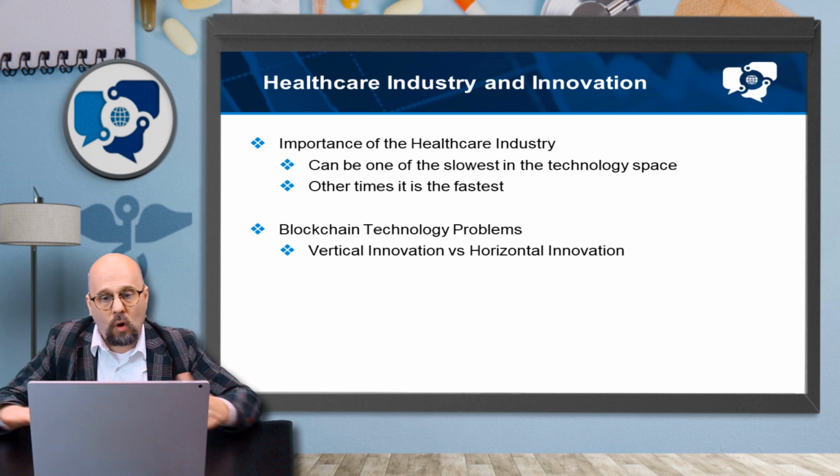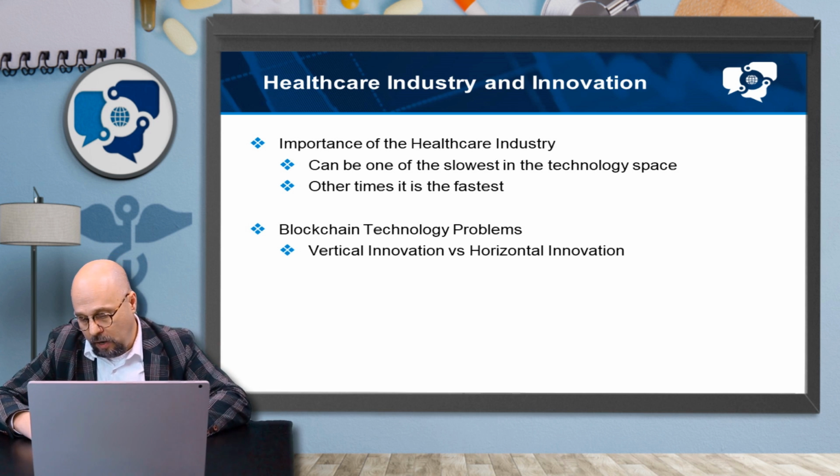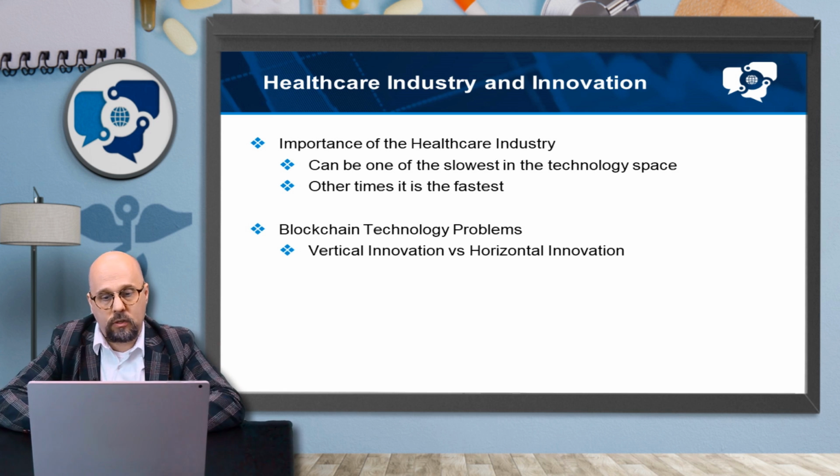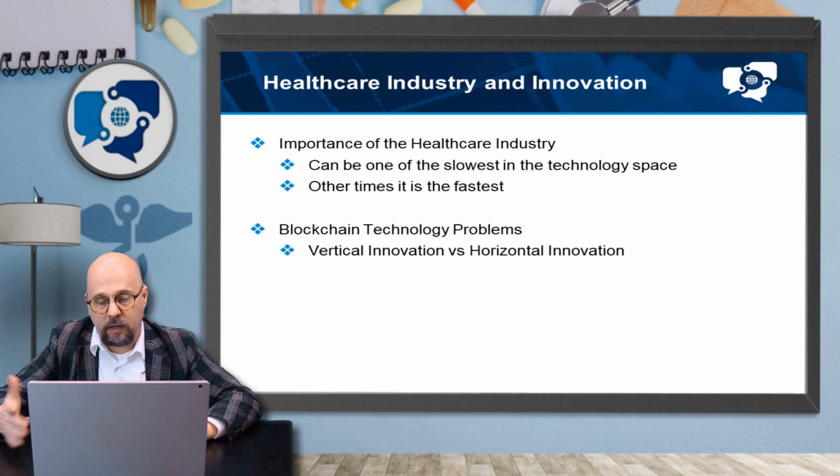So some of the problems that we have when we think about healthcare, sure, we have innovation, but usually the innovation comes in silos, right? So we'll have innovation in penicillin, or we'll have innovation with surgical methods or something along those lines, but that doesn't necessarily develop innovation throughout the industry.